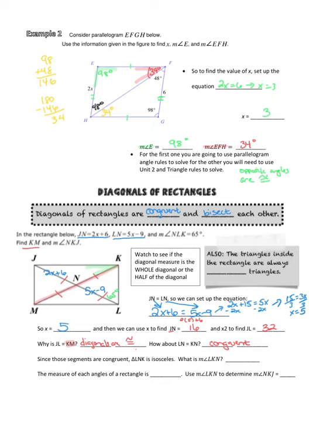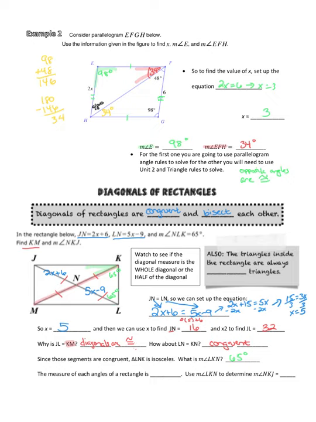We'll call the triangle KNL. It's isosceles. See, I marked the congruent pieces. If it's isosceles, that means that angle NKL is 65 degrees. Base angles of an isosceles triangle are congruent. So the measure of LKN is 65 degrees.